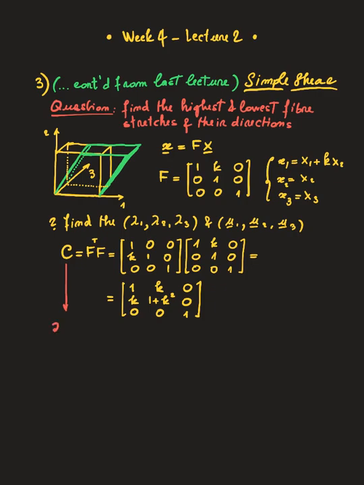It is called the Cauchy-Green right stretch tensor. I probably forgot to mention the name last time.